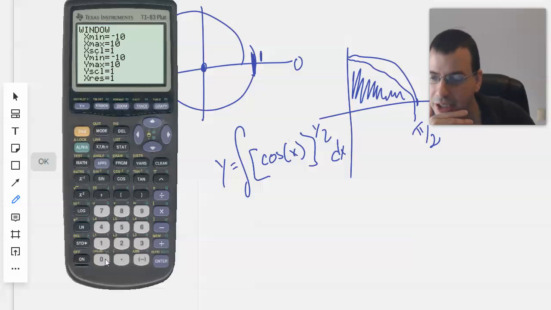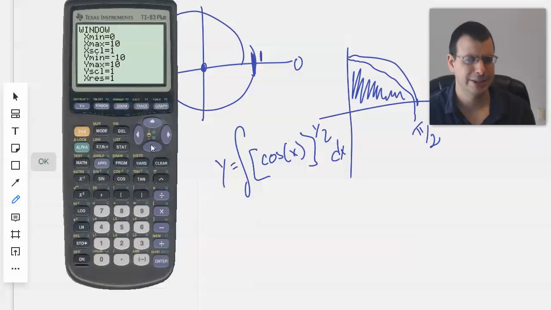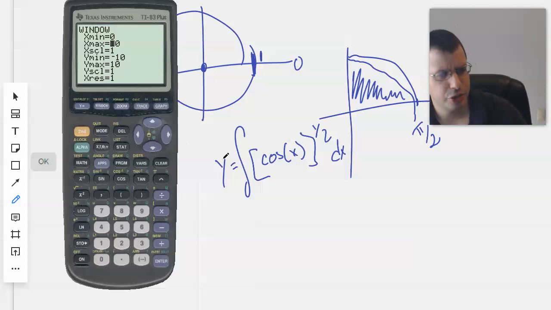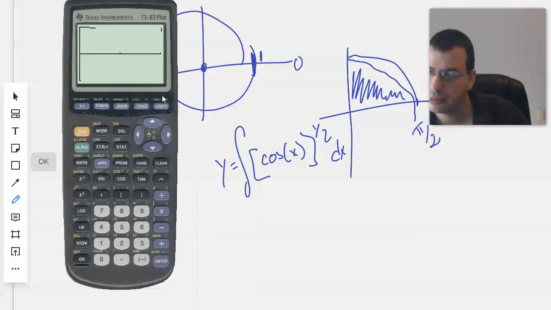X min will be 0. Pi over 2 will be, so 3 divided by 2 is 1.5. So 2, we'll say 2. Y min will be 0. And I'll say negative 1. Negative 1 to 1. And graph.